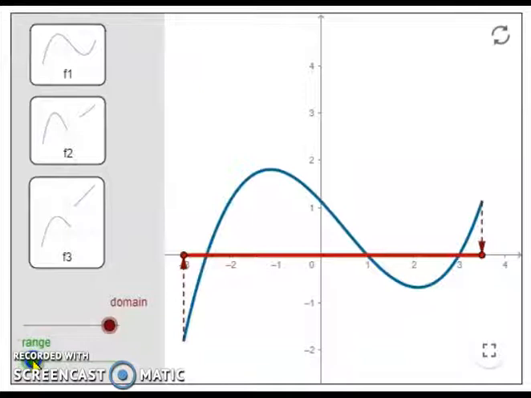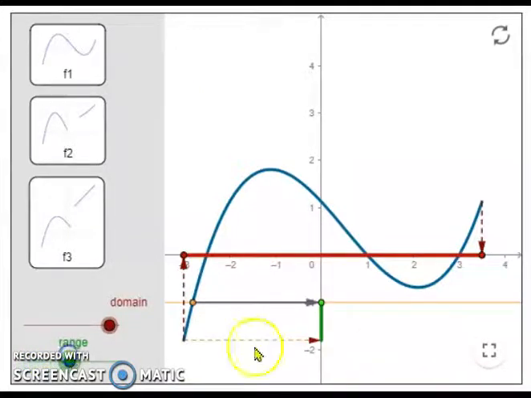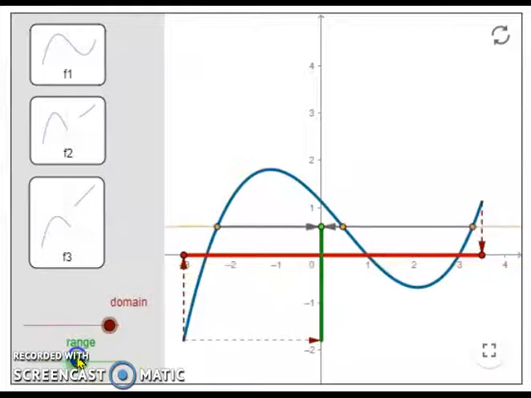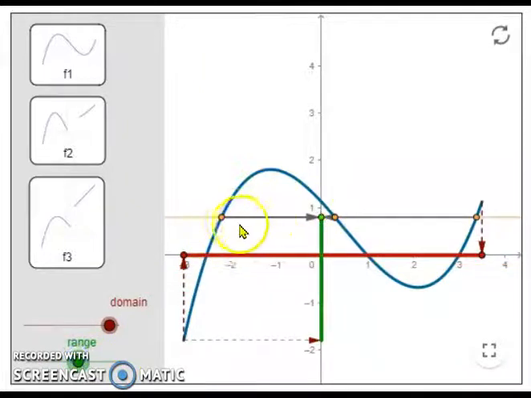So we start from here. For this point, this is its output. This is its point, and this is its output. Moving on to this, we trace it as well. So this point and this point correspond to this output.